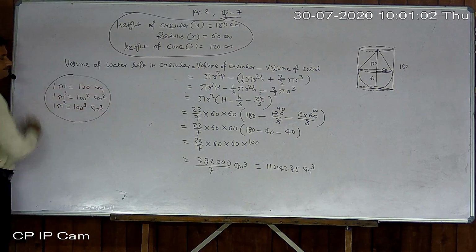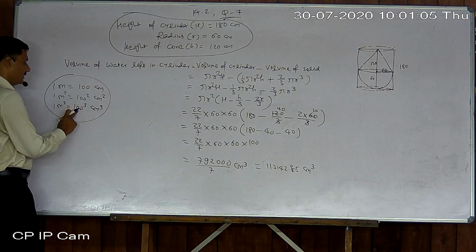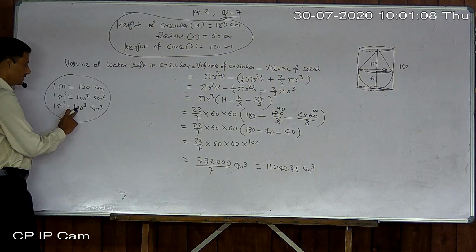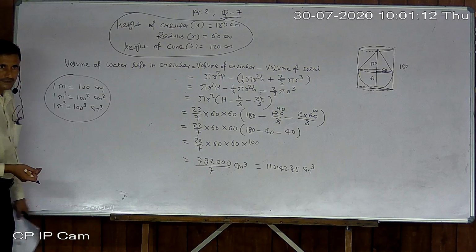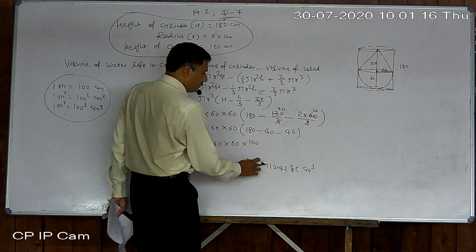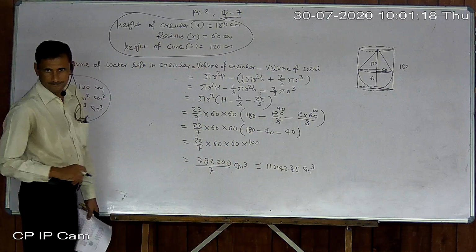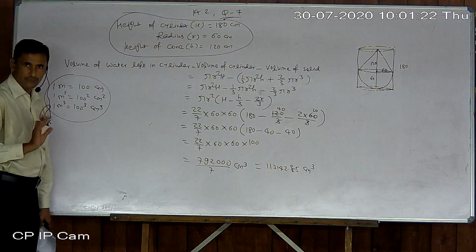That you know. Okay. This is 10,000 and it will be 10 lakh. Okay. 100 cube, so 1 and then 6 zeros. So we have to divide this value by 10 lakh, so that it will be converted into meter cube. Why?